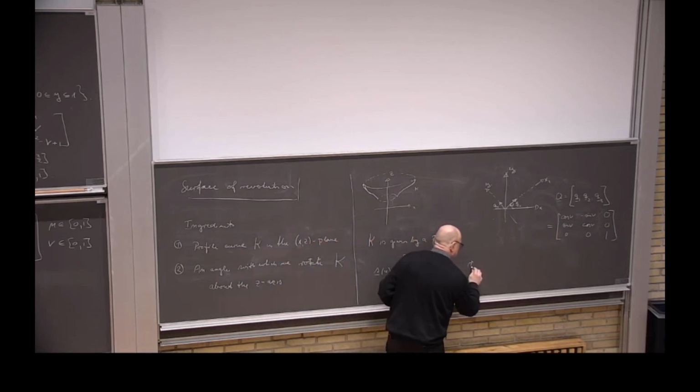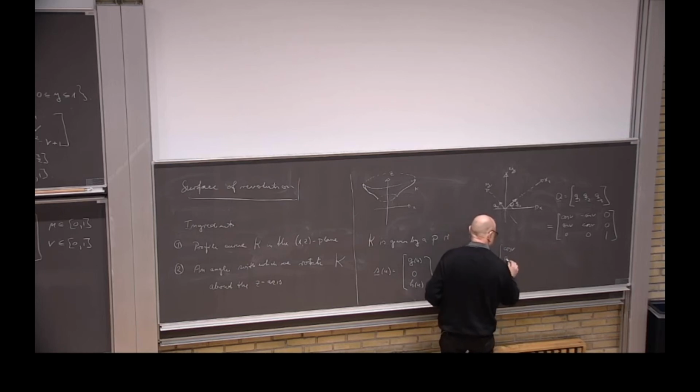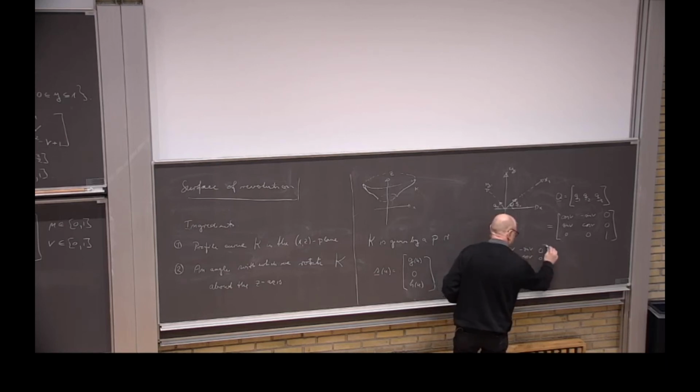So now I write down this parametric representation. I have my change of base matrix here: cosine v, sine v, 0; minus sine v, cosine v, 0; 0, 0, 1.